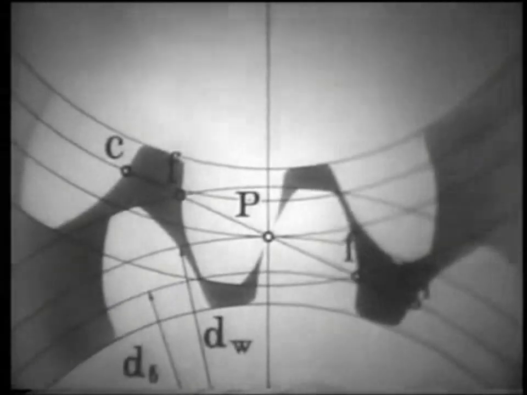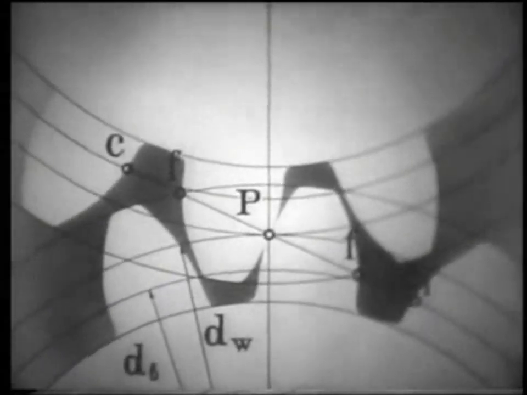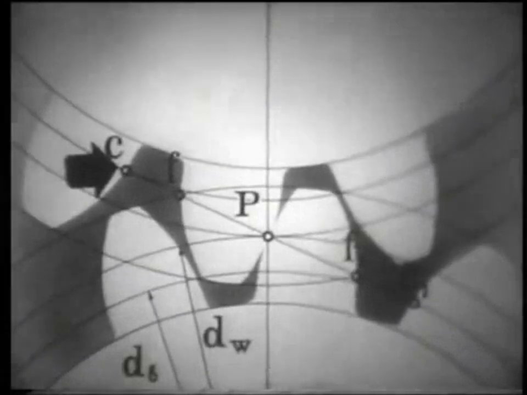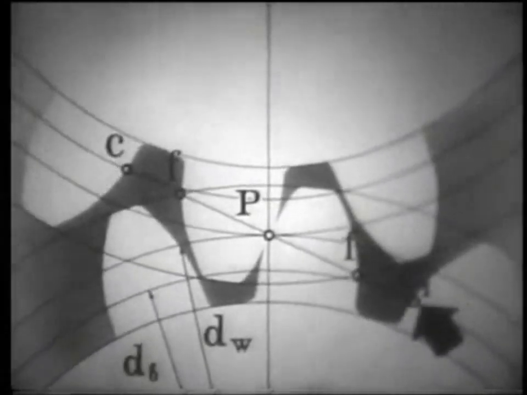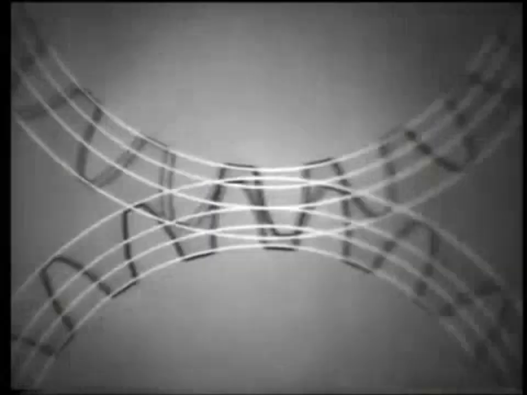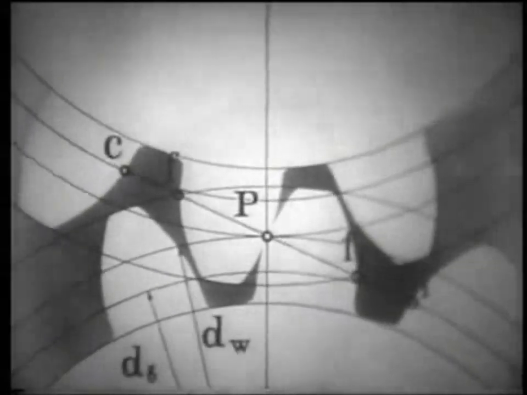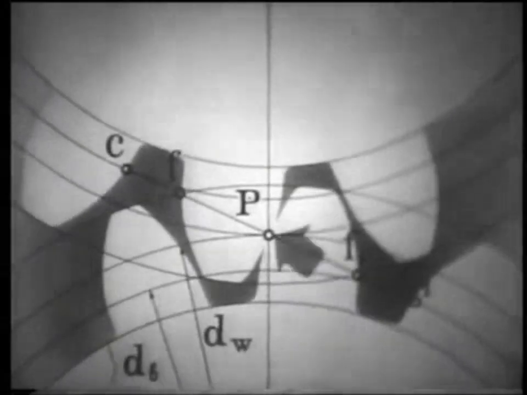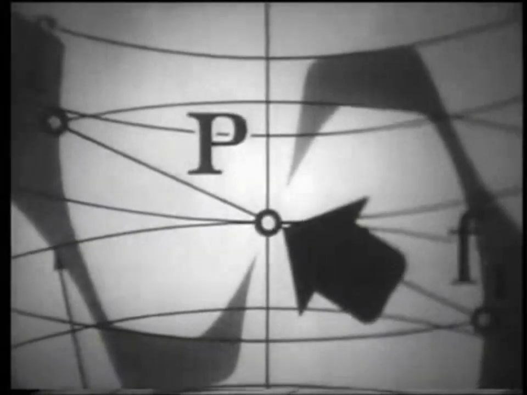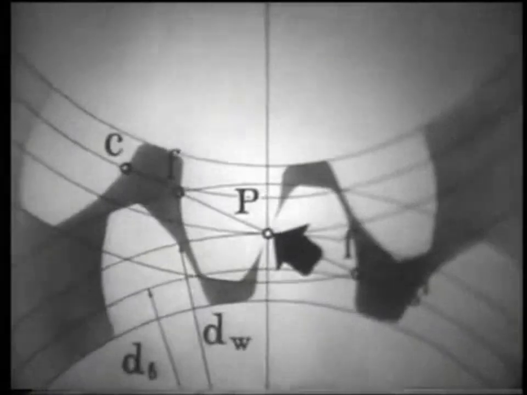The geometric locus of the contact points of the mated tooth profiles is the line of action CC1. This is the tangent to the base circles. The point of intersection of the line of action with the straight line connecting the centers of the circles is called the pitch point.